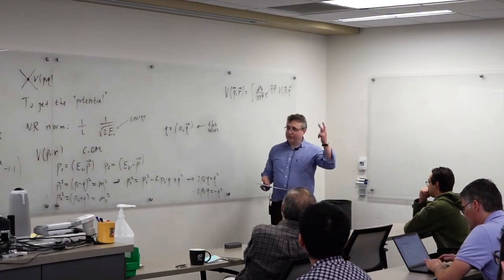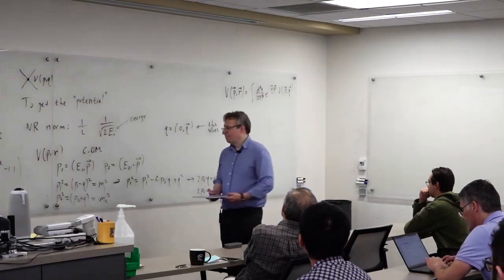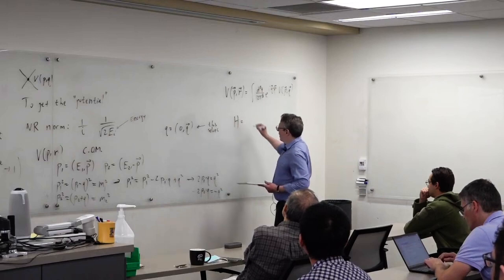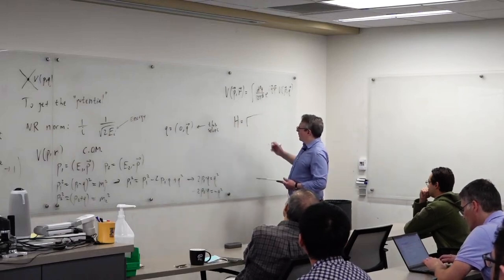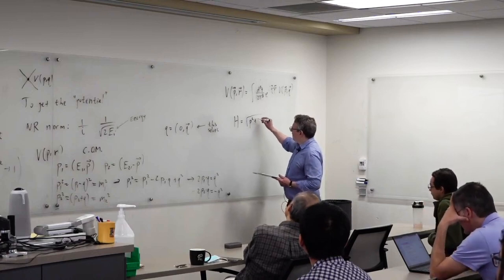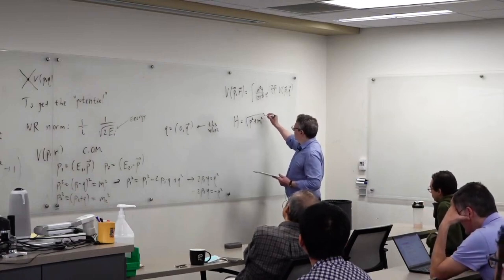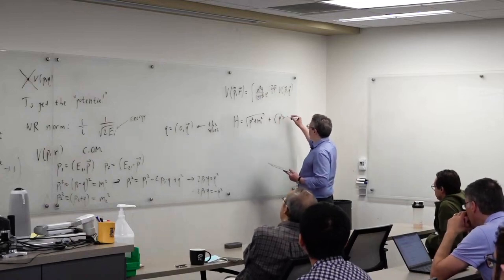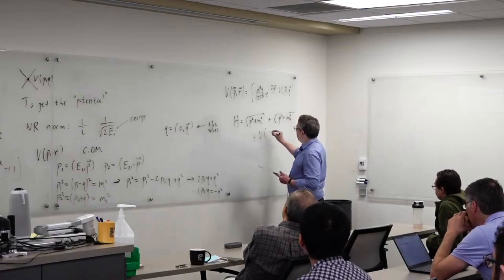This thing is ambiguous. This is not unique. Now you say, oh, well, that's weird. But suppose I gave you a Hamiltonian. In fact, this is what our Hamiltonian will look like. We're going to make it relativistic, so it'll be the square root of p squared plus m1 squared, plus the square root of p squared plus m2 squared, plus V of p and q.